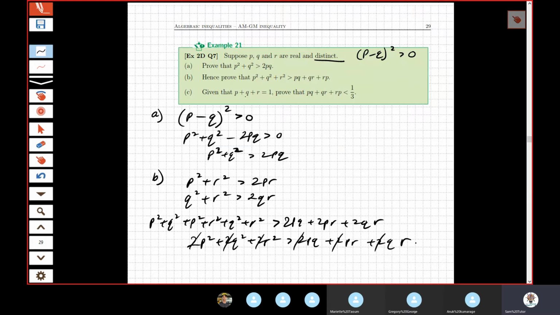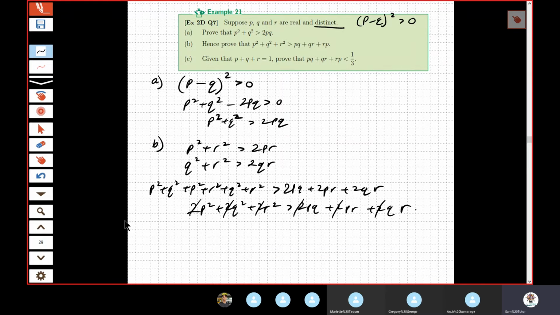There it is. Now, this last bit. Given that p plus q plus r is equal to 1, prove this right-hand side is less than a third. Okay. All right. Given p plus q plus r is equal to 1. So many different ways of doing this.